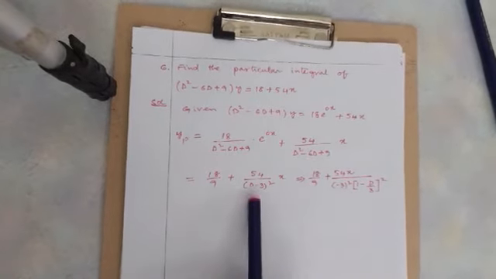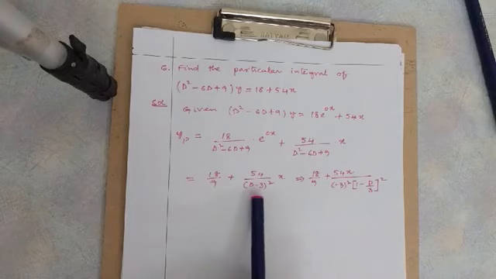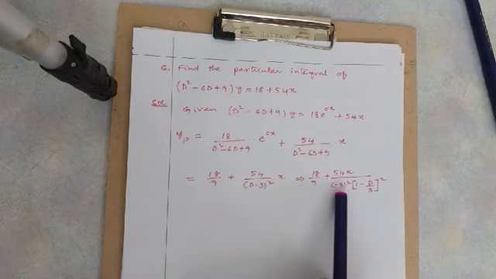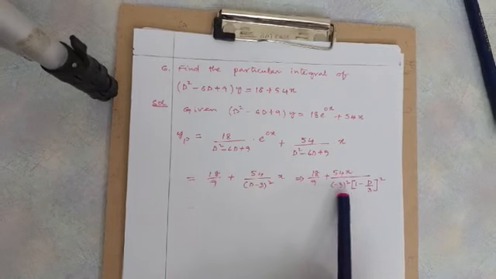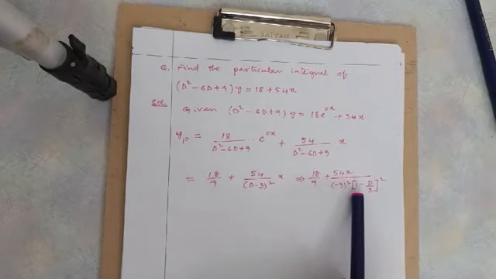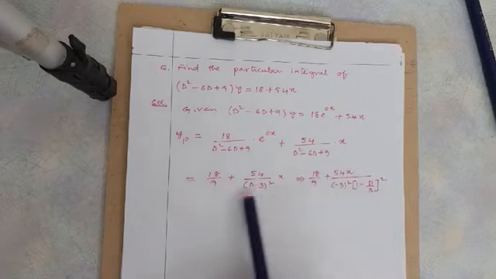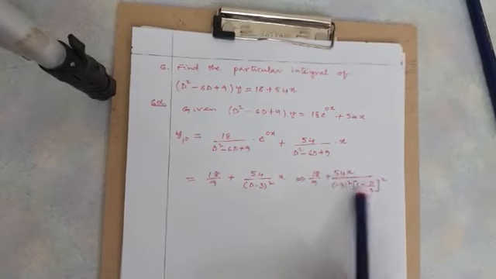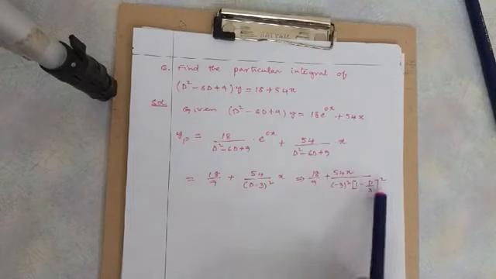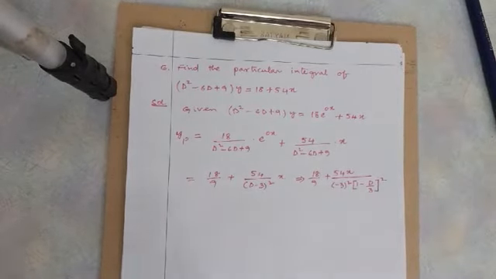What I am doing is taking minus 3 common outside. As we have d minus 3 whole square, I take minus 3 whole square common. Minus 3 whole square into 1 is minus 3 whole square, and inside the bracket we have the whole square already. If you take minus 3 common, it becomes minus of minus plus d by 3 whole square. So this is over. Hope you have understood.